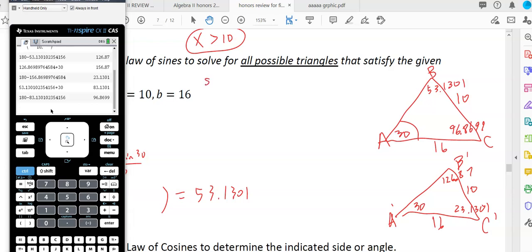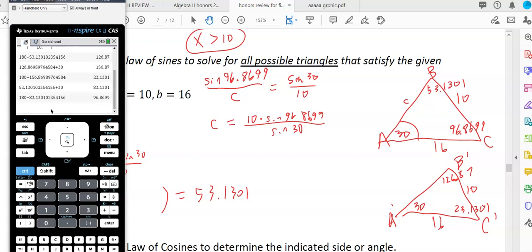Let's do the first one. That'd be sine of 96.8699 over little c equals sine of 30 over 10. So I'm going to do this a little faster than the last one. So c times sine of 30 equals 10 times sine of 96.8699, so c is 10 times sine of 96.8699 divided by sine of 30.